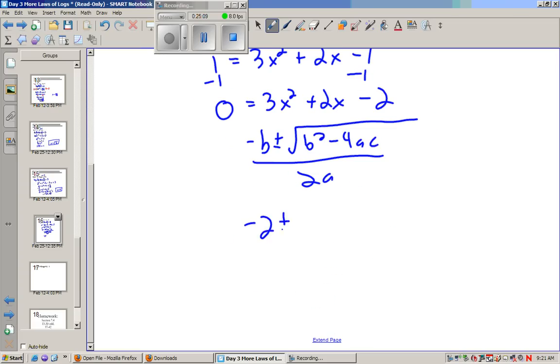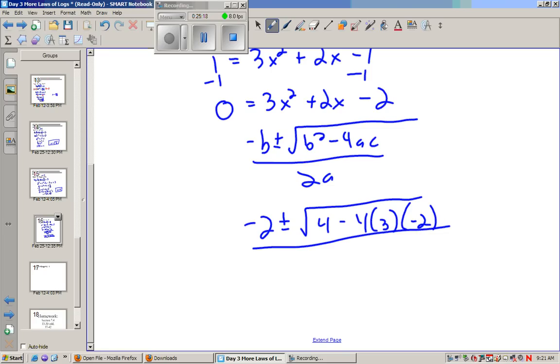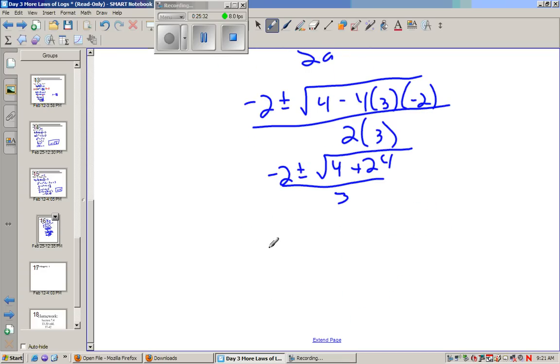So negative 2 plus or minus the square root of 4 minus 4 times 3 times negative 2, all over 2 times 3. So this would be negative 2 plus or minus the square root of 4 plus 24, all over 6, which is negative 2 plus or minus root 28 over 3.